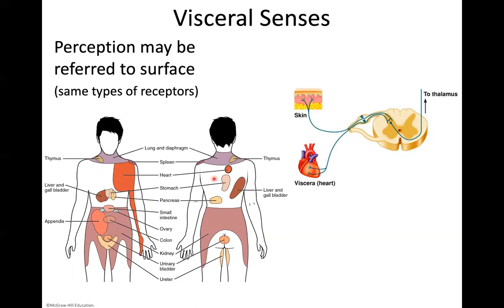And this is because we have sensory neurons, this afferent neuron line that's coming from the viscera, things like the heart. So we have a sensory neuron, look, that pseudo-unipolar neuron coming in the dorsal side of the spinal cord. So it's an afferent line.